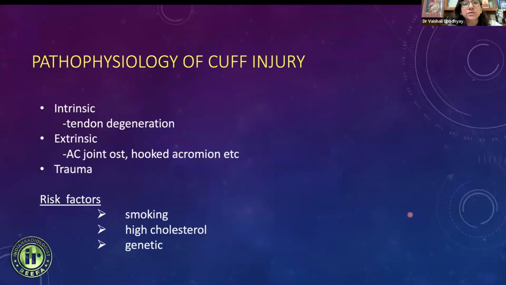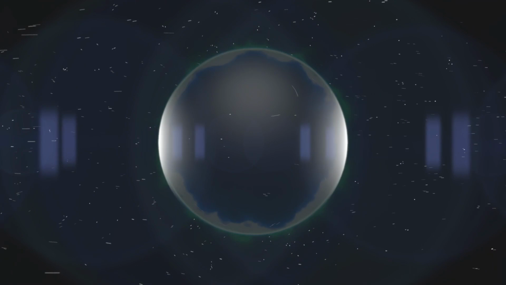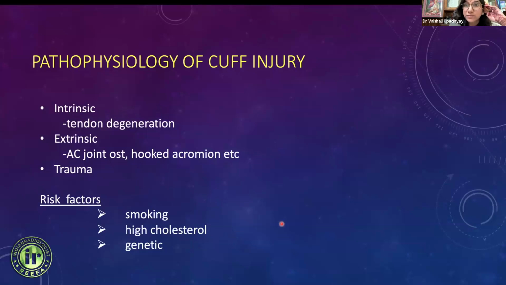Now let's come to the pathophysiology of cuff injury. So basically, there are 2 concepts, that it can be intrinsic or it can be extrinsic. By intrinsic, we mean that the tendon is degenerated, and that degeneration can be linked to certain risk factors also, like a person who's been smoking for a long period of time, high cholesterol levels, and some genetic predisposition.